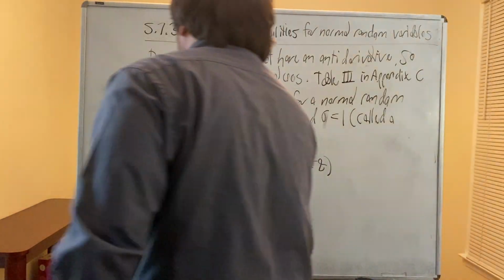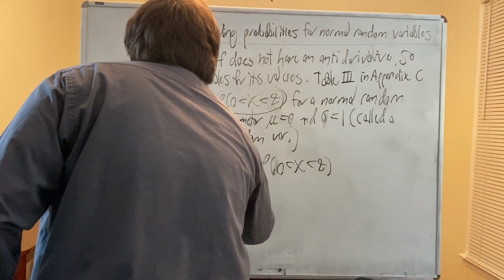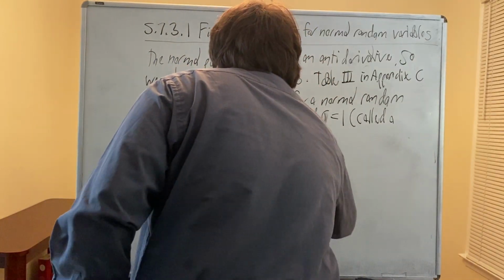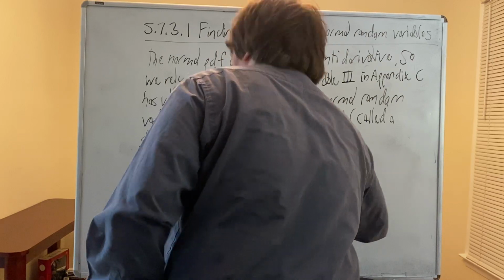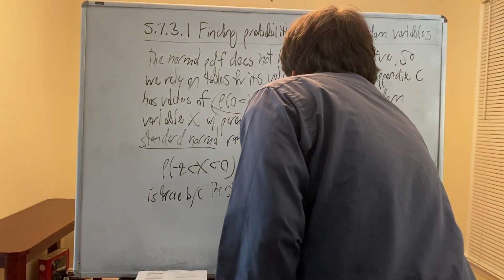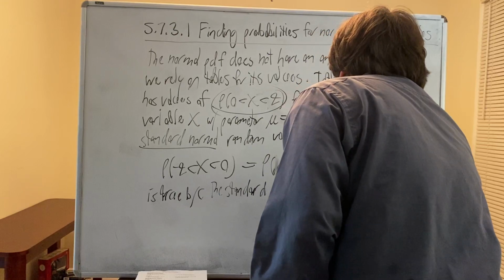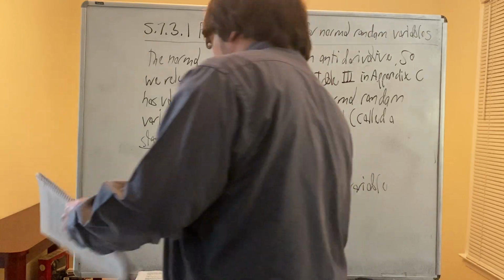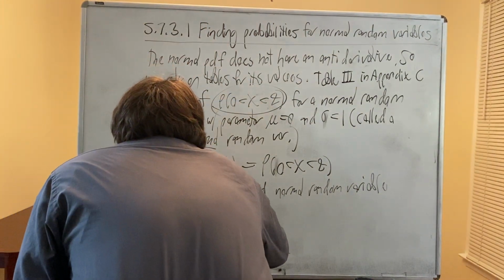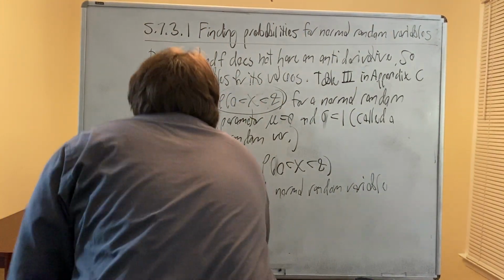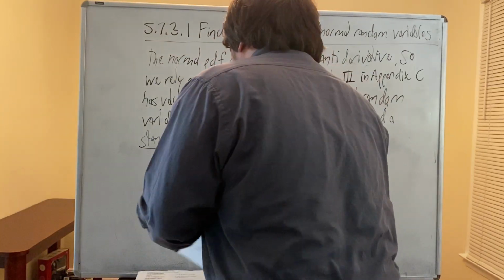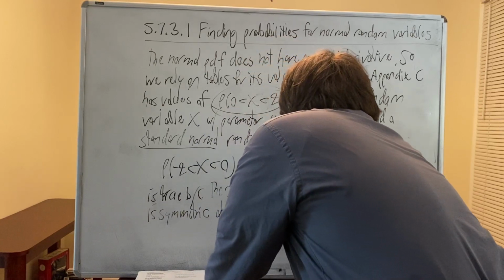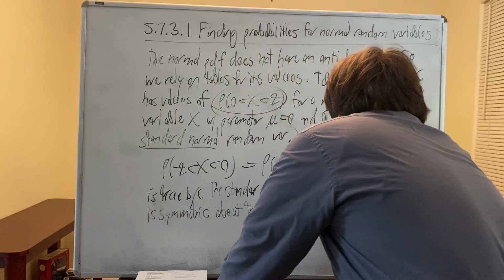And that is true because the standard normal random variable is symmetric about the vertical axis at x equal to 0.